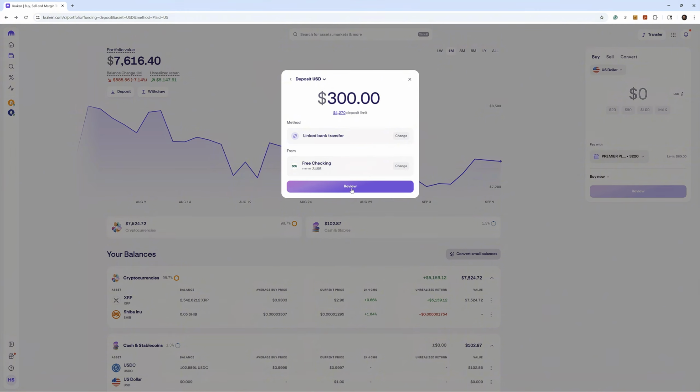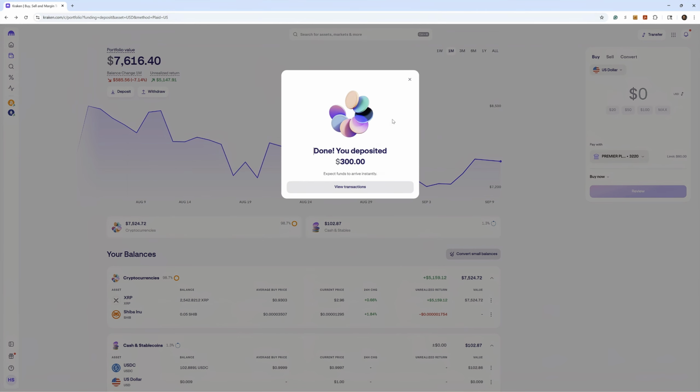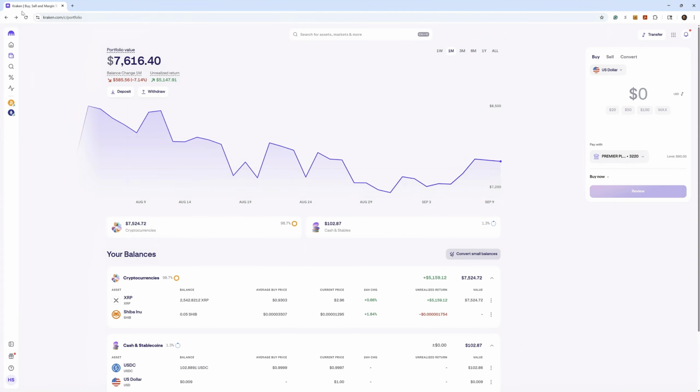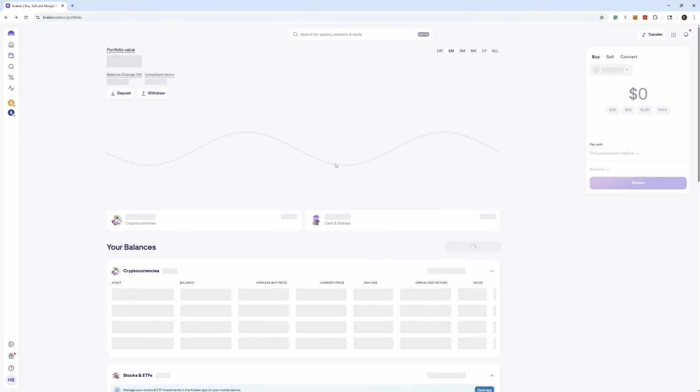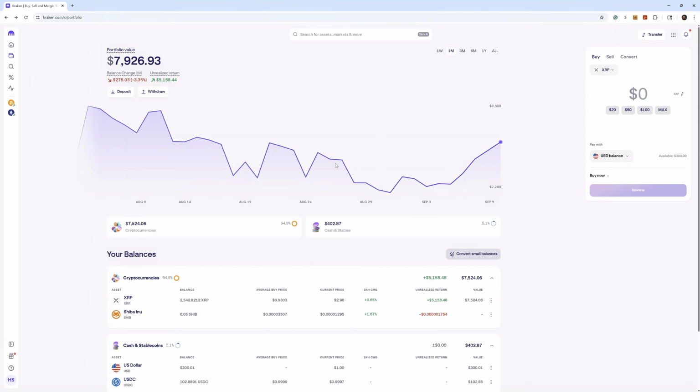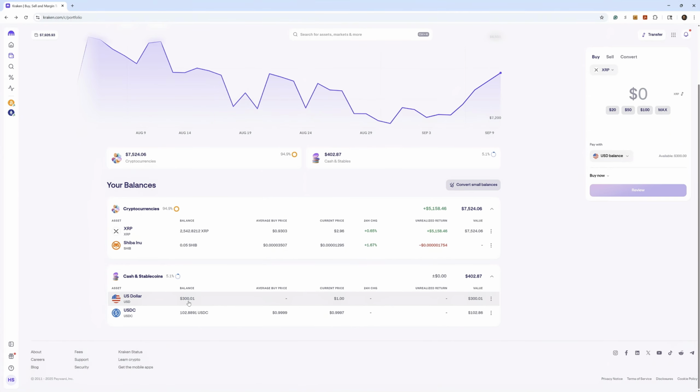Okay, so I've deposited $300. Okay, and as you can see, the balance now shows us $300, right, which I have deposited, and I have $102 USDC, right?